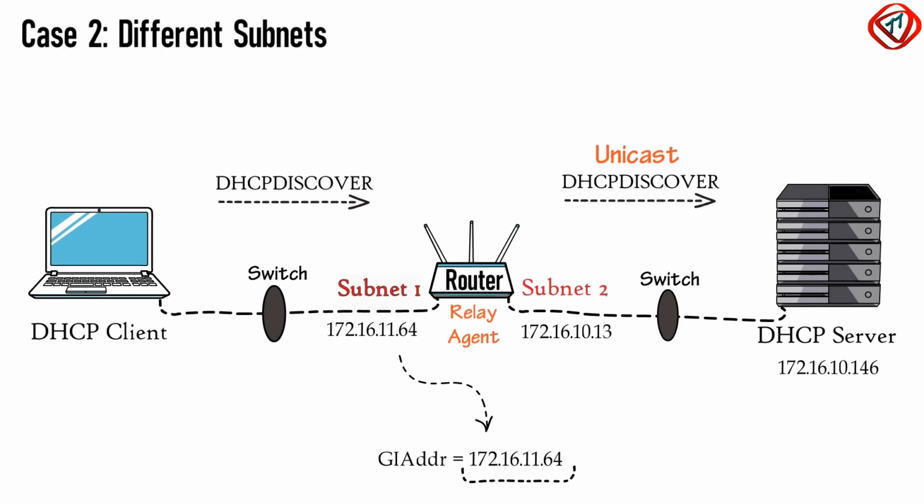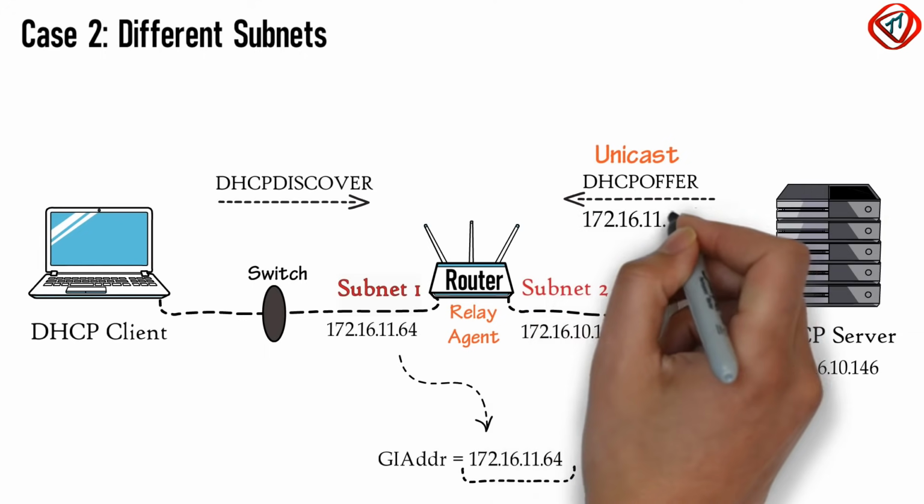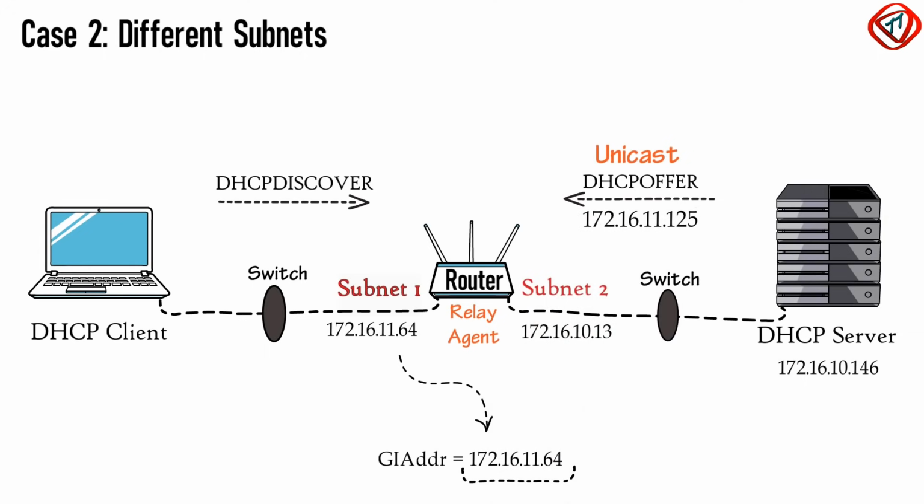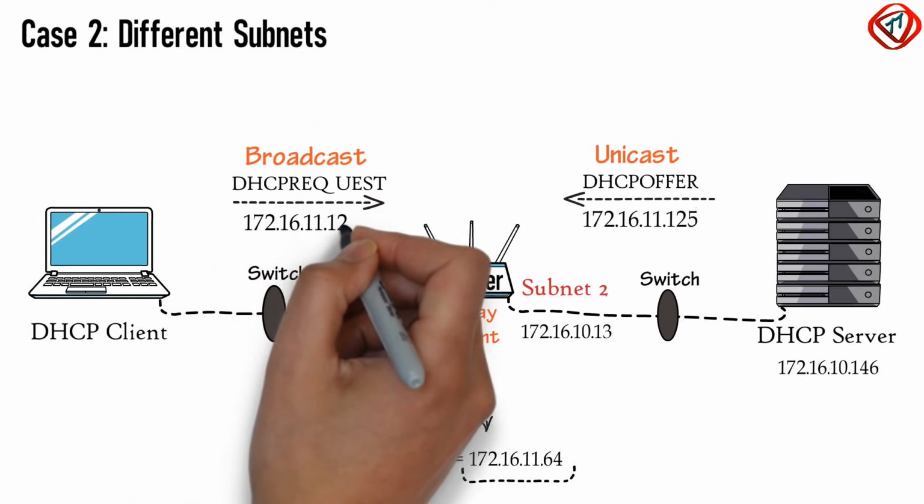The DHCP server then replies with the unicast offer message to the relay agent with an offered IP address based on the subnet information. The router then broadcasts the reply within the subnet. DHCP client receives the offer message and then broadcasts the request message requesting to allocate the offered IP address.